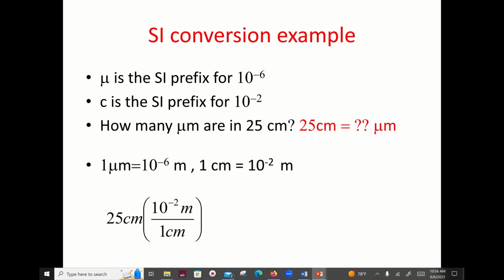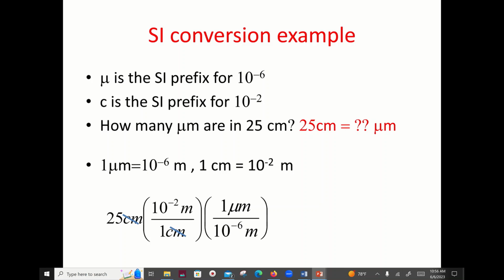So first I'm going to take my centimeters and turn it into meters. So 25 centimeters, I'm going to multiply by 10 to the minus 2 meters divided by 1 centimeter. So the centimeters cancel out, and I'm left with meters. Now I want to go to micrometers.